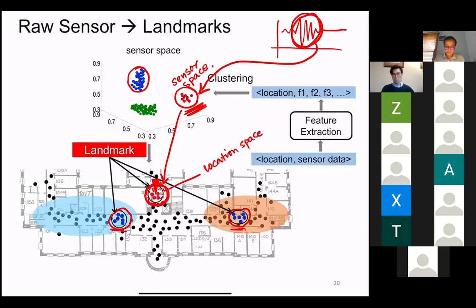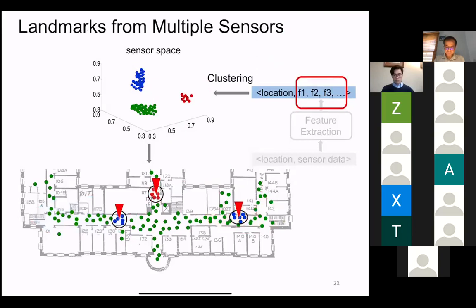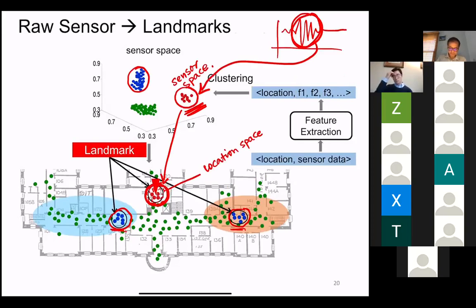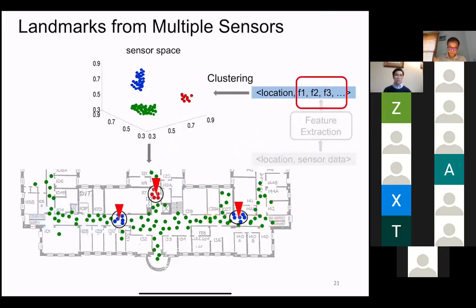But now watch. Suppose you take the green points, and the green points go everywhere. What does that tell you?